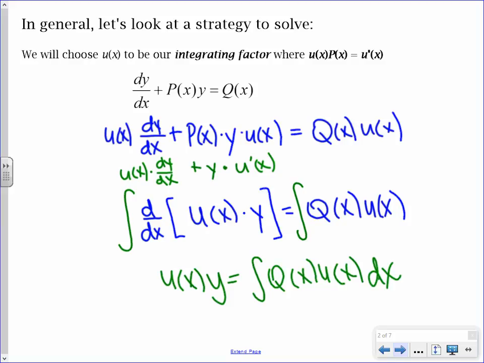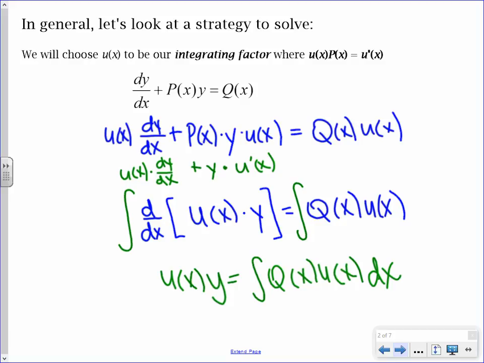If we were looking for y, could we solve for y at this point? Yes. If we knew our functions, we could integrate that right side and then divide by u of x and solve for y, something we couldn't do earlier.